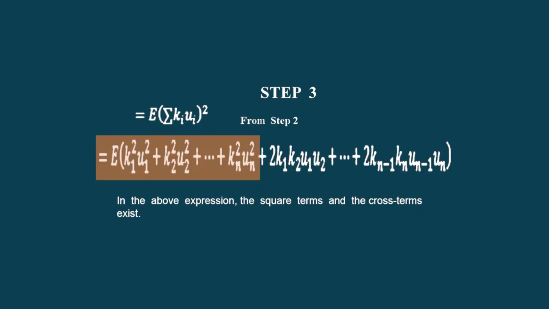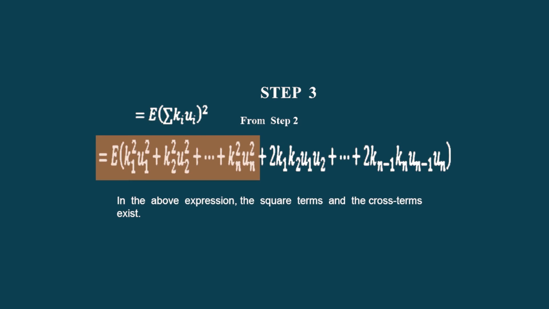Now whenever we are squaring it up, we have to take care of some own terms and some cross terms. So as we go by that, we put expectation outside the bracket, and we put k1 square u1 square, which is basically with the first observation as we are squaring up, and this runs for n times. So it comes up as k1 square u1 square plus k2 square u2 square plus, and this continues, plus kn square un square.